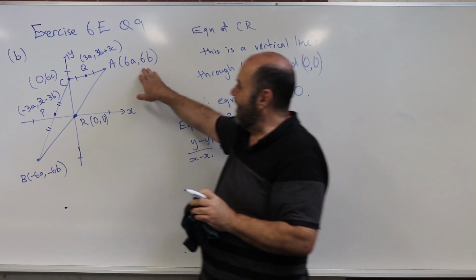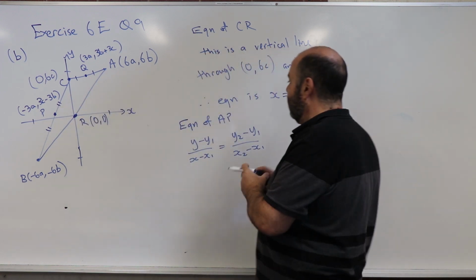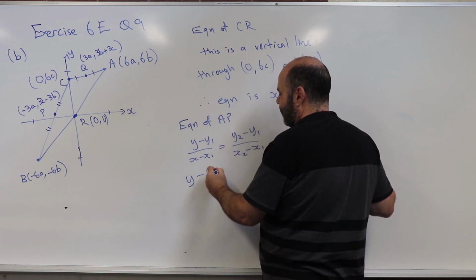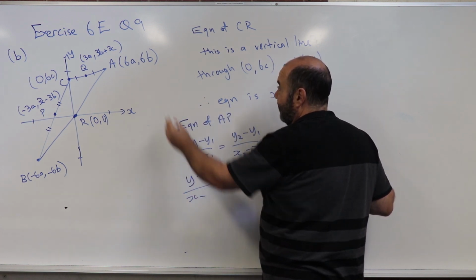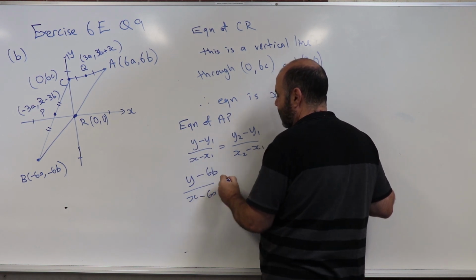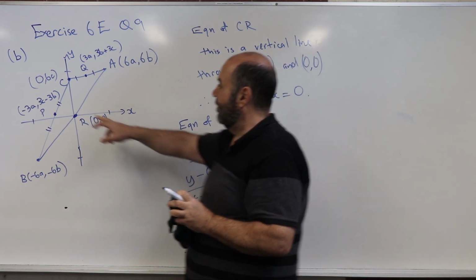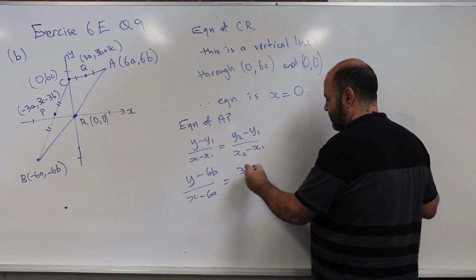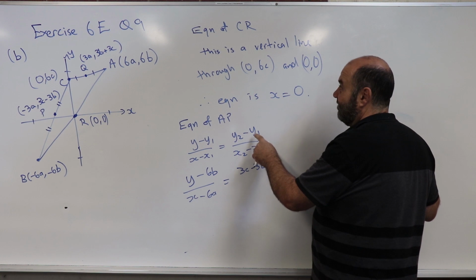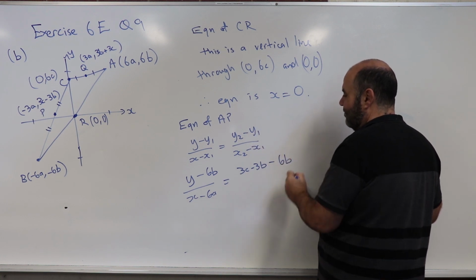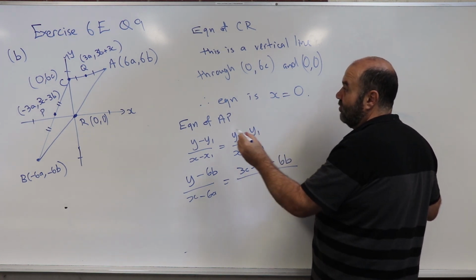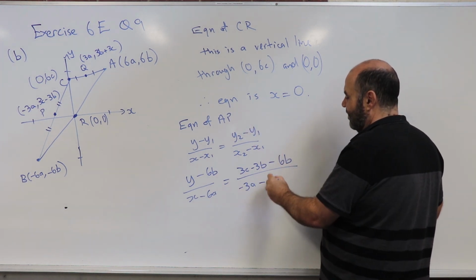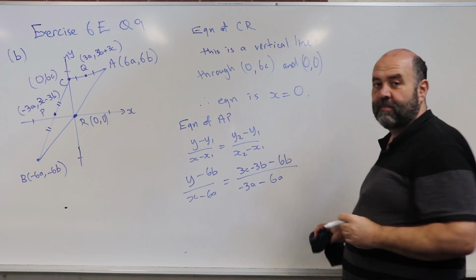Okay, so using A and P, let's go. Y minus 6b over x minus 6a is y2, 3c minus 3b, minus y1, 6b, over x2, negative 3a, minus x1, 6a.